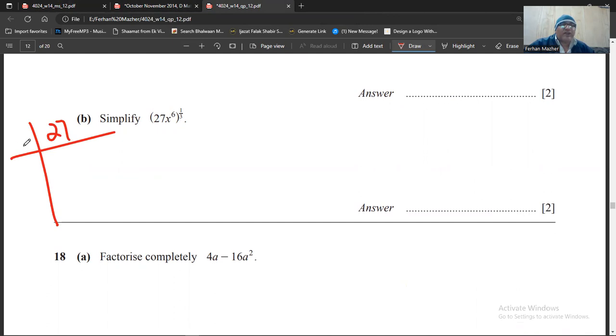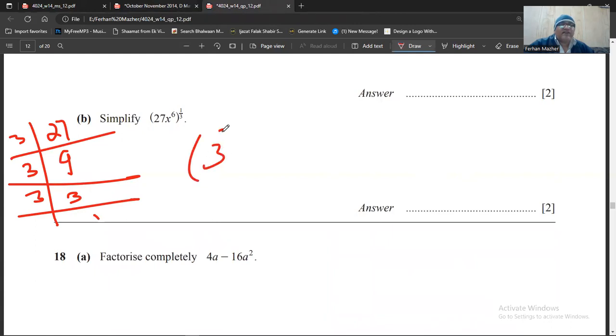When you divide, you prime factorize 27, 3, that's 9. Again with the 3, that is 3. Again with the 3, and that is 1. So you can write in the place of 27, you can write 3 cube and x raised to power 6 and whole thing raised to power 1 by 3.